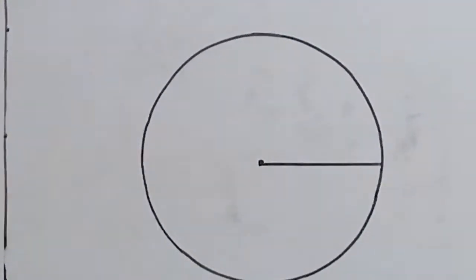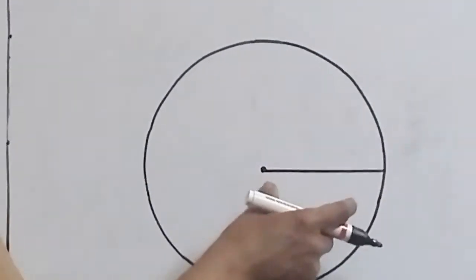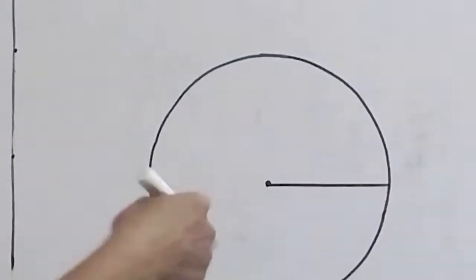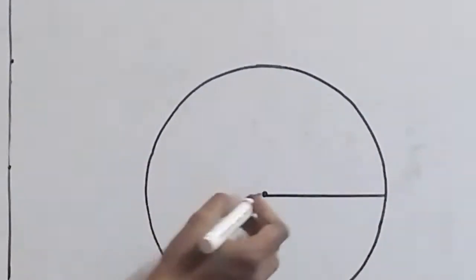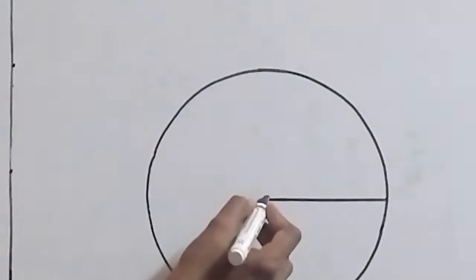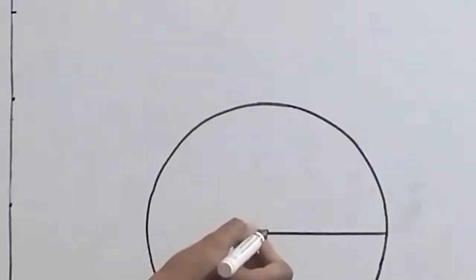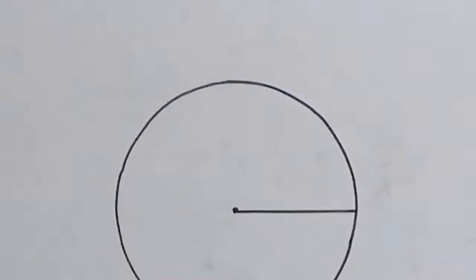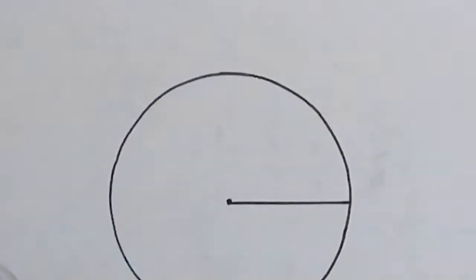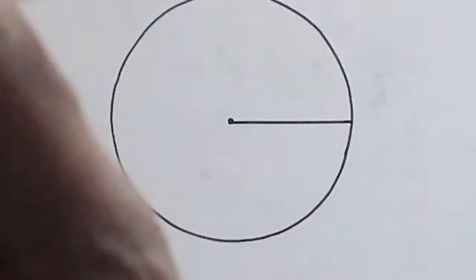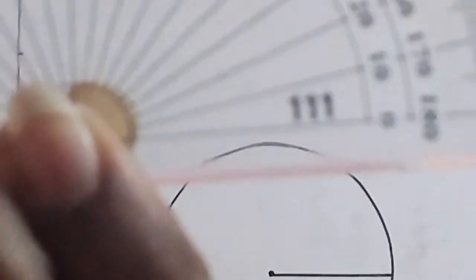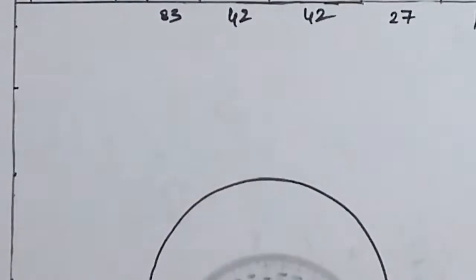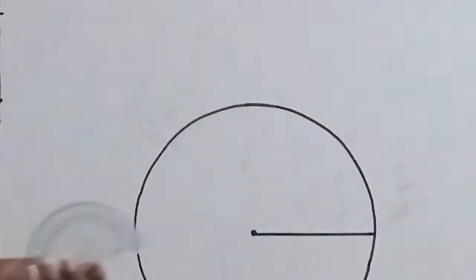Okay children, we have used our compass to draw the circle. After drawing the circle, the center is marked and from the center a line is drawn to touch the end of the circle. Now use your protractor. You remember how to take the angles? Obtuse angle means outside.